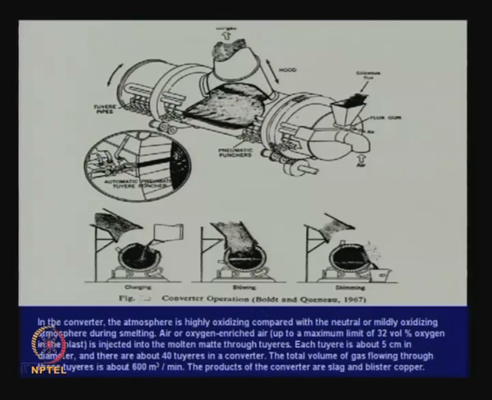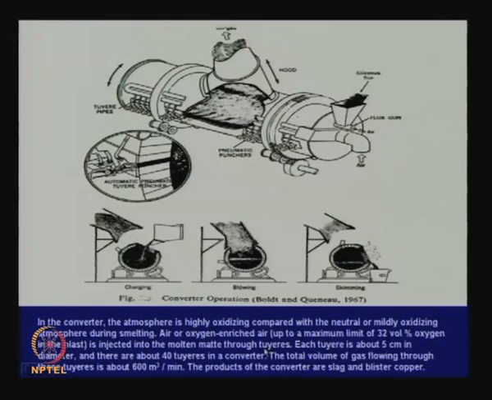Now, in the converter, the atmosphere is highly oxidizing compared with the neutral or mildly oxidizing atmosphere during smelting. Air or oxygen enriched air up to a maximum limit of 32 volume % of oxygen in the blast is injected into the molten matte through tuyeres. Each tuyere is about 5 centimeter in diameter, and there are about 40 tuyeres in a converter.